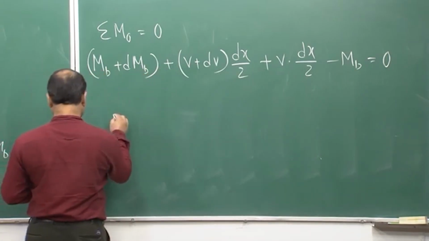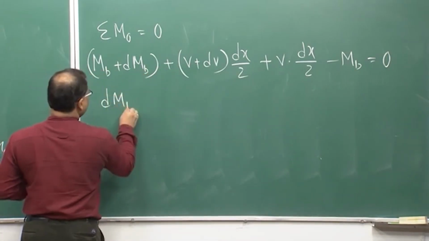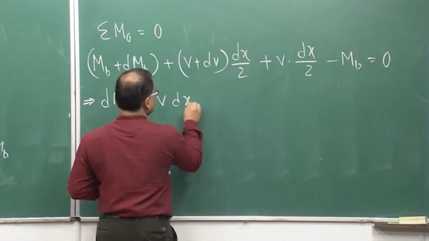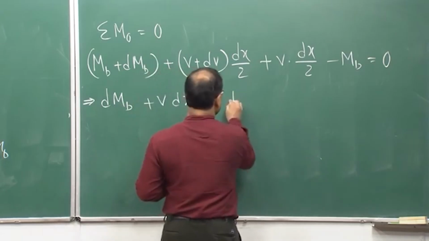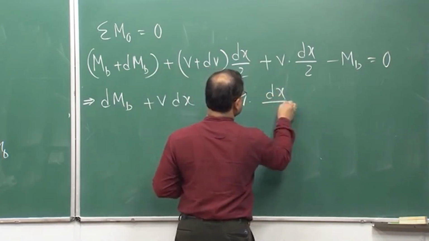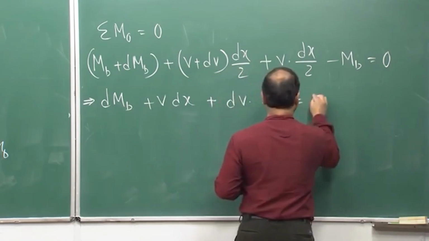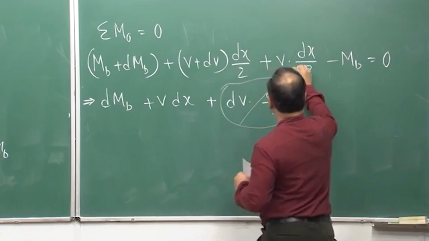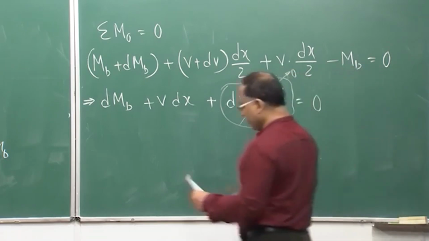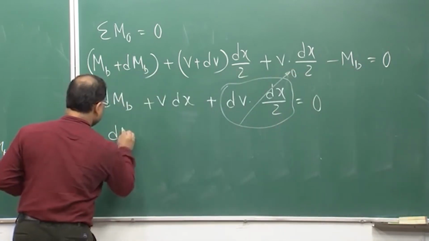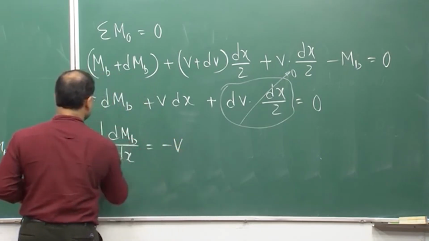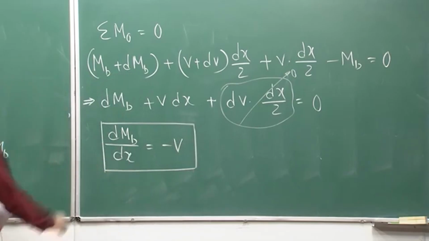From there I can write dMB plus V dx plus dV dx. This term is very small, so we can neglect it. From this I can simply write dMB/dx equal to minus V. This is another important differential equilibrium relationship.